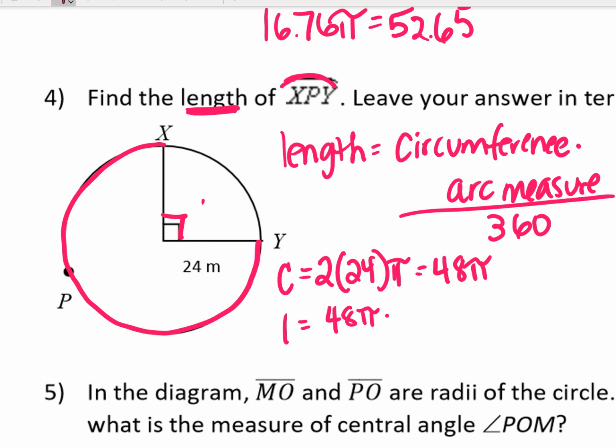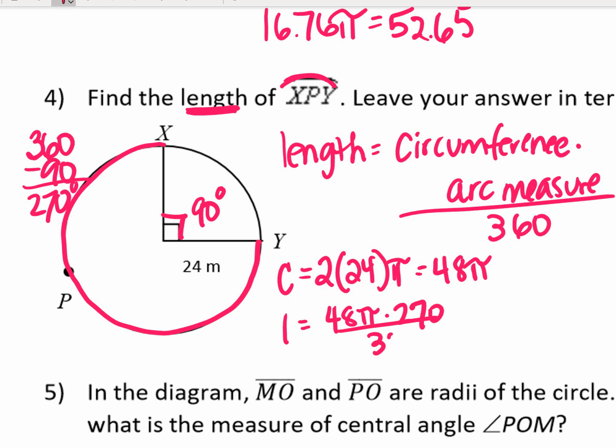Well, if this is 90, because it has a right angle indicator there, so if all of it is 360, so we've got 360 minus 90, and that equals 270. Okay, so 48 pi times 270 out of 360.